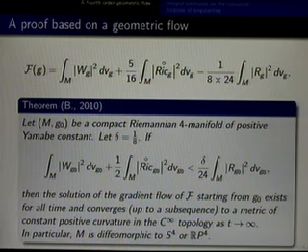The 1/2 here is just to compare the result with the other one I stated. We will prove it with 5/16 instead of 1/2, and it's a stronger result than this one.